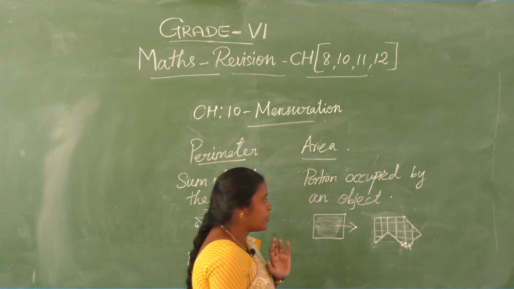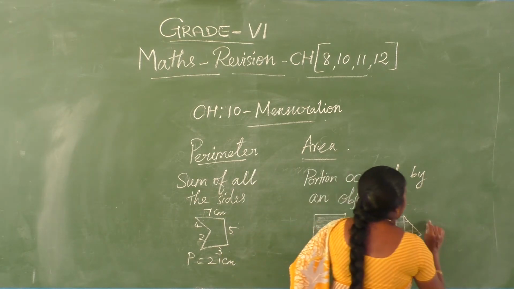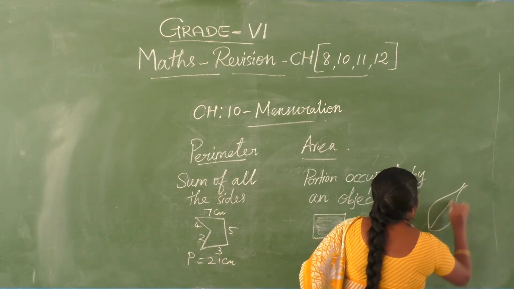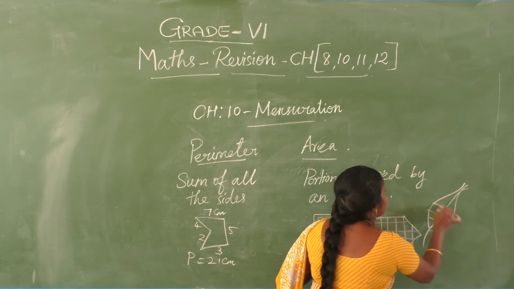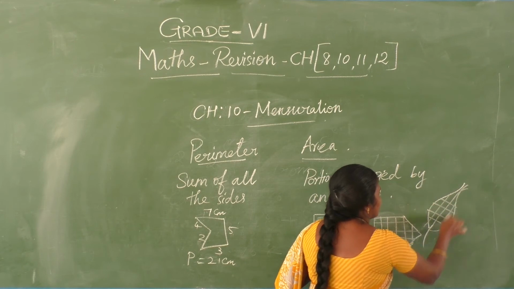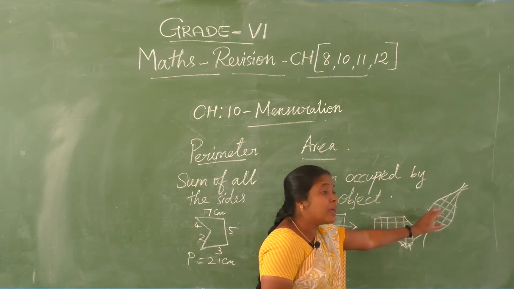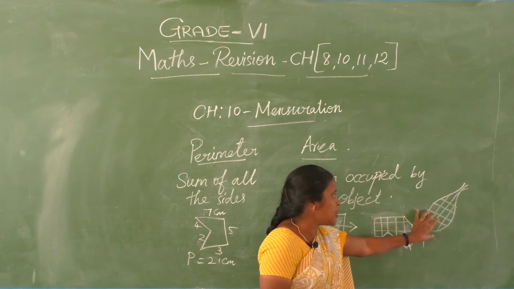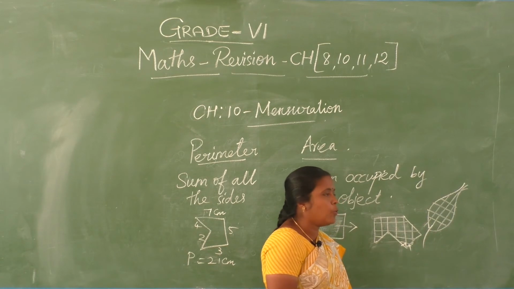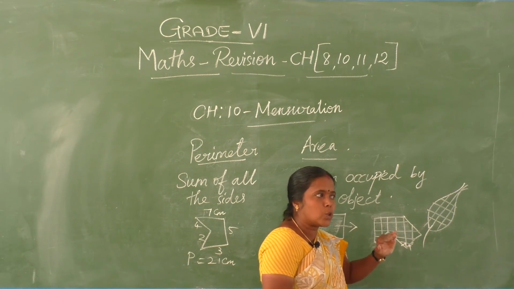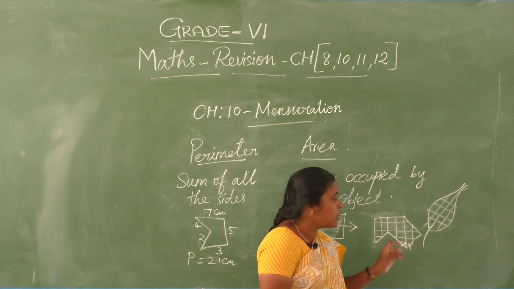Yes or no? What I am trying to tell is, some figures are given like this. How do you find the area approximately? What is the procedure? First, count the number of full squares, the number of half squares, the squares that have more than half, and the squares that have less than half.